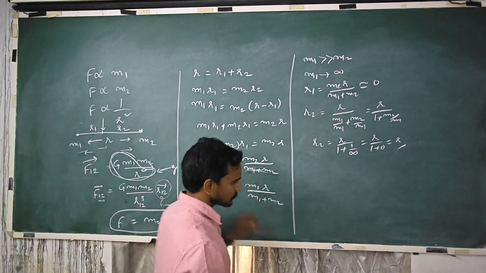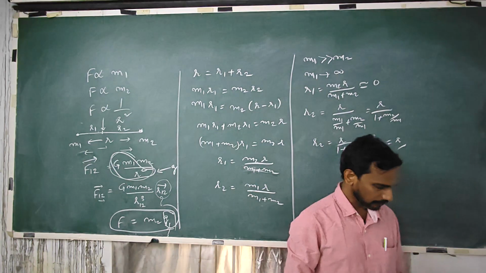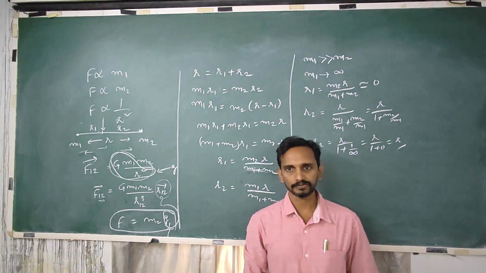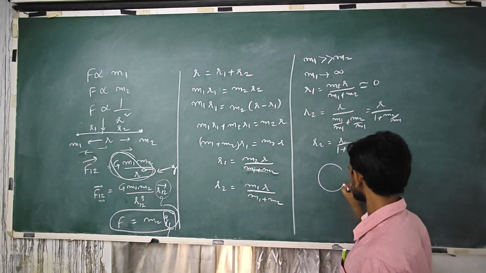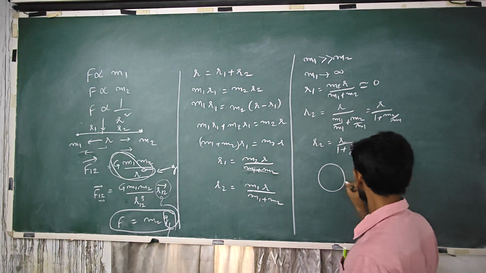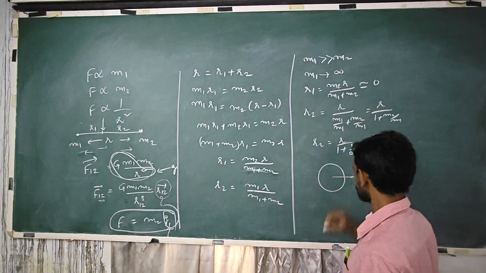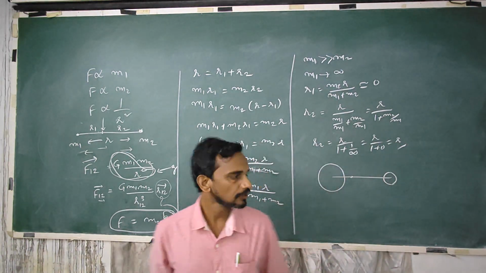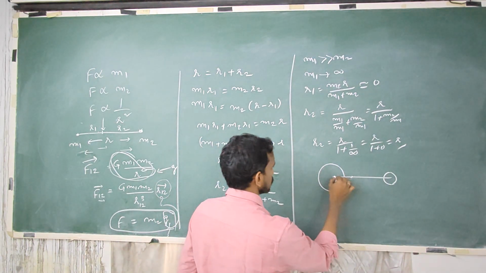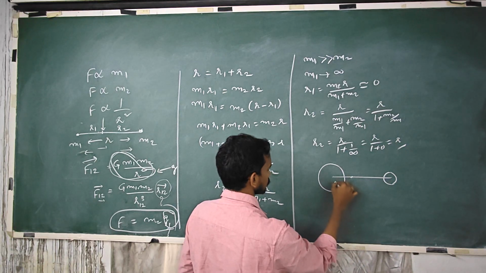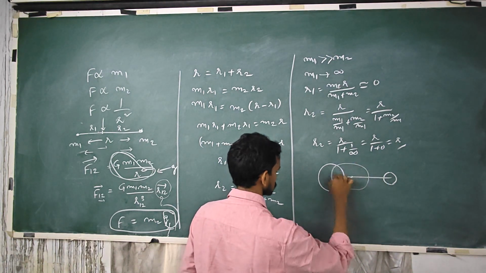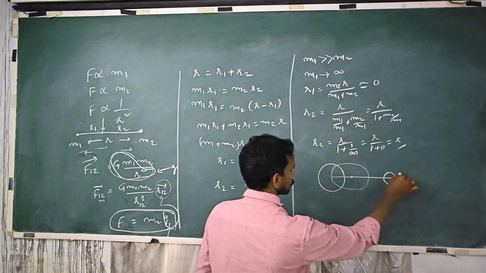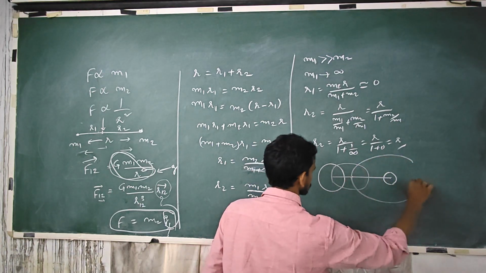So this is the reason why planetary orbits are elliptical in shape, because the planets revolve around their center of mass. Let's say there are two planets and their center of mass is this. So this one will revolve around this point, and this one will revolve around this point.